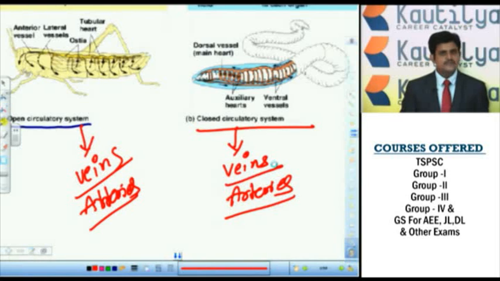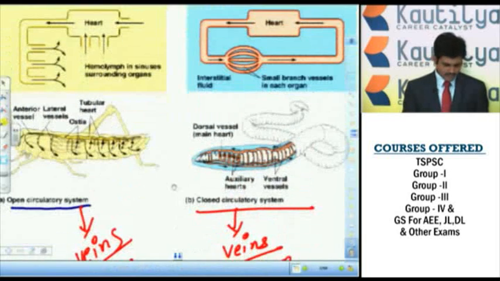In the open circulatory system, blood flows through the intracellular spaces. Examples of open circulatory system are seen in many insects, whereas examples of the closed circulatory system are humans and earthworms.